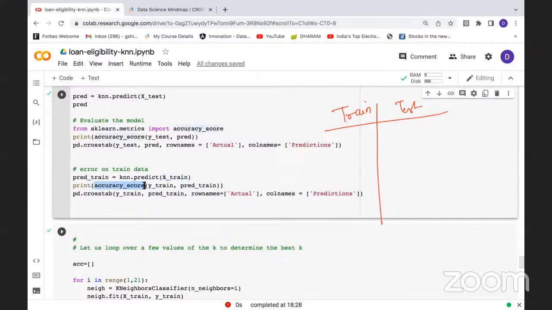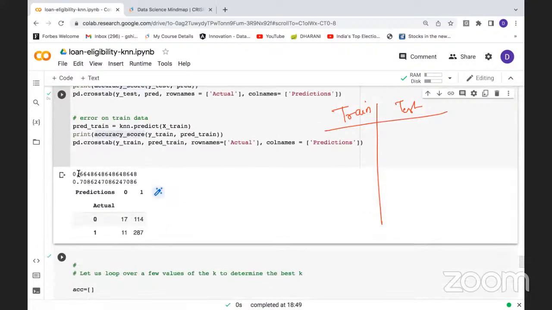So you get the accuracy score. This is my test accuracy, this is my train accuracy. This is my actual value, this is my predicted value, 0 and 1.